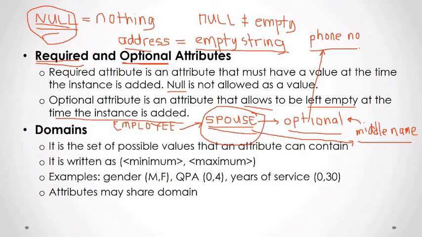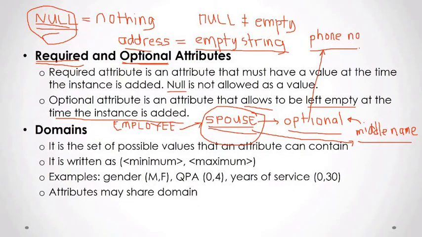optional. Okay? So, again, how do you distinguish required from optional is you ask the question, will this attribute always have a value? So again, if we go back to our example, like spouse, can that always have a value? Well, it depends. So if the answer is that it depends, then it should be optional.